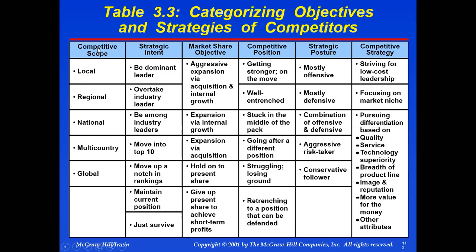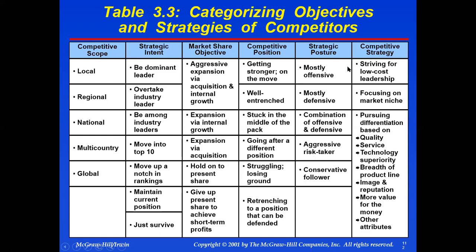But if the competitive scope is global, the strategic intent can be to move up a notch in ranking. The market share objective can be to hold on to present share. The competitive position can be struggling, losing ground. Strategic posture would be conservative followers.